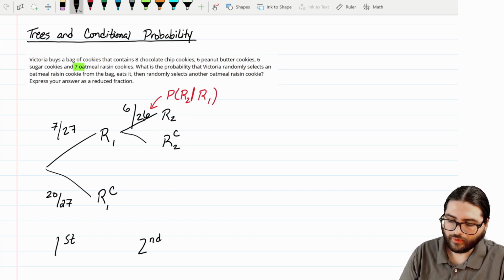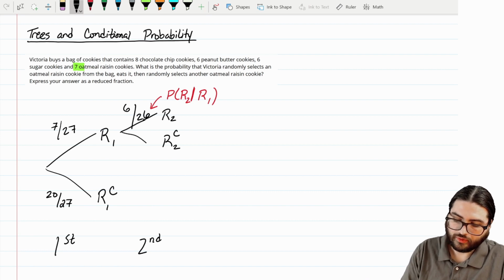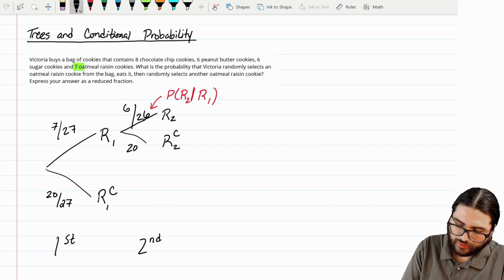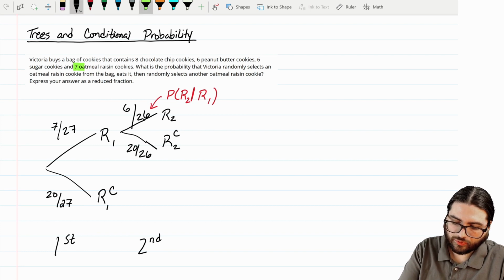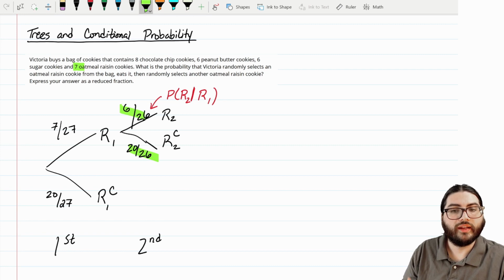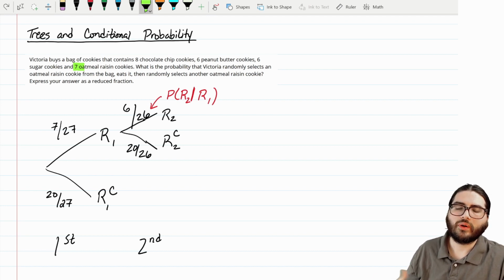And the complement of that event, R2 complement, means there are 20 out of 26 not raisin cookies in this bag. Essentially, 6 plus 20 gives me that 1. I know that my probabilities should always add up to 1 from any given node in my tree. That's the great part about using probabilities instead of counting, is that probabilities help us check our answer at every step along the way.